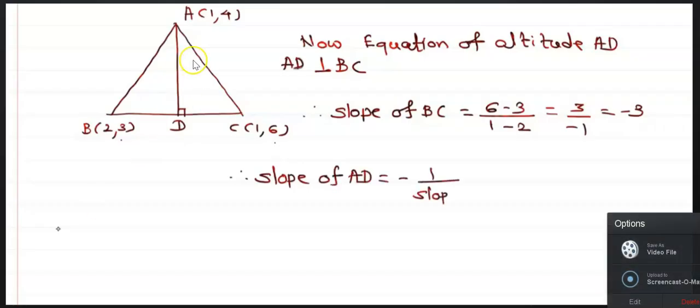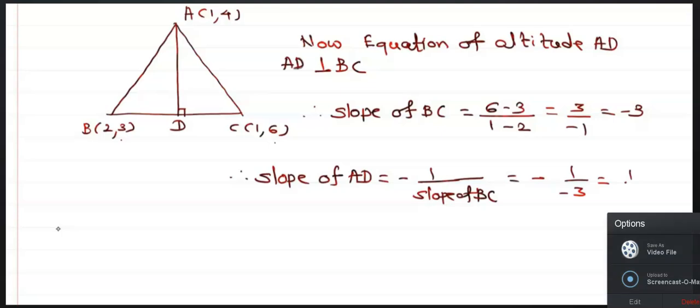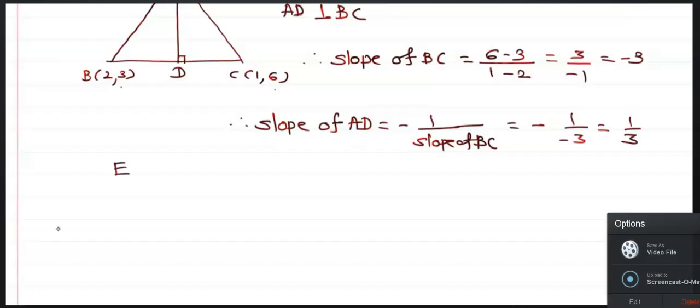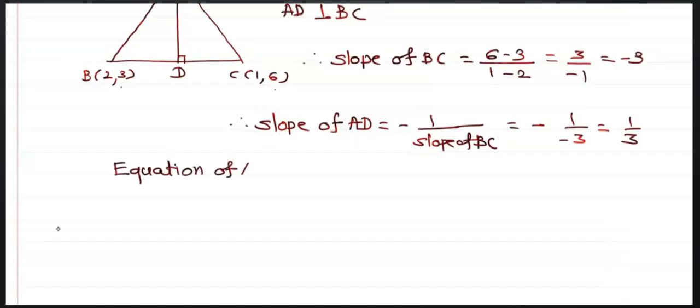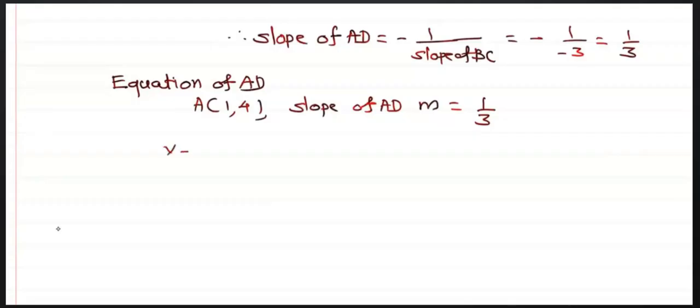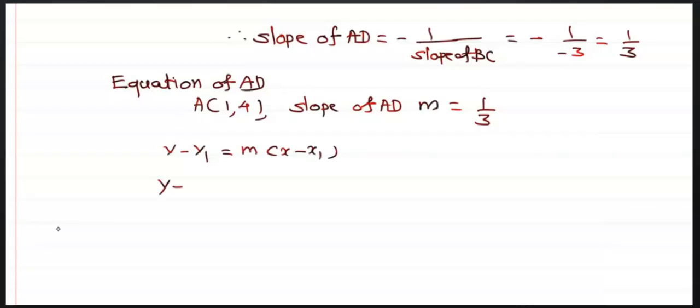Slope of AD, that is the minus and reciprocal of slope of BC. That is minus of minus, that is 1 upon minus 3, that is equals to 1 upon 3. Equation of AD, the point is 1 4 and slope is 1 upon 3. Y minus y1 is equals to m in bracket x minus x1.